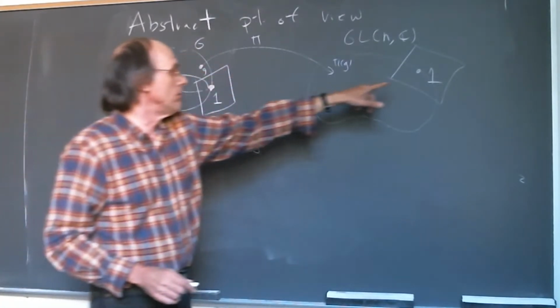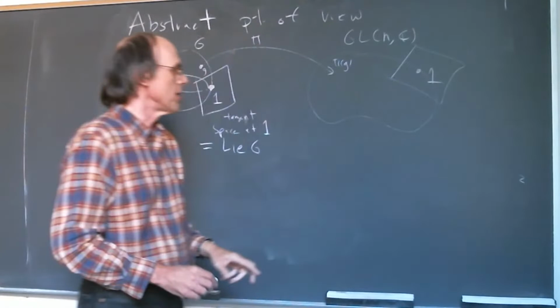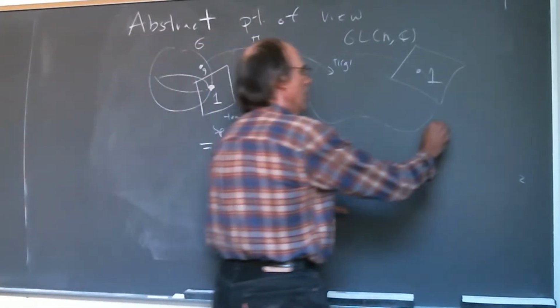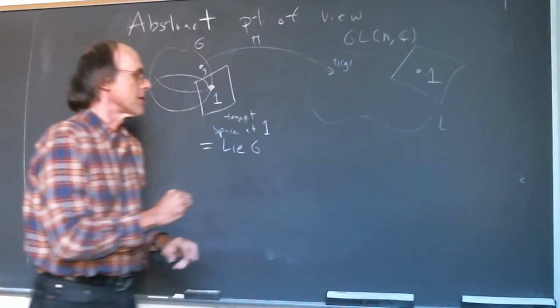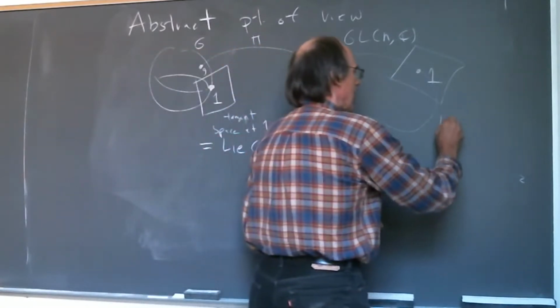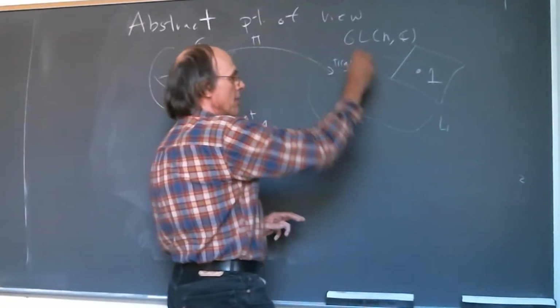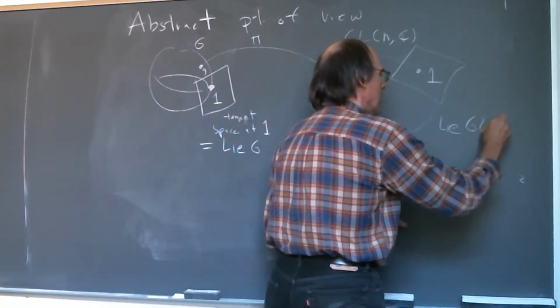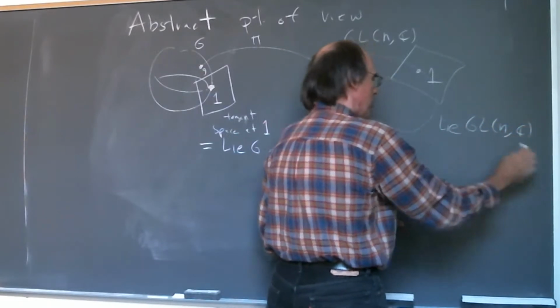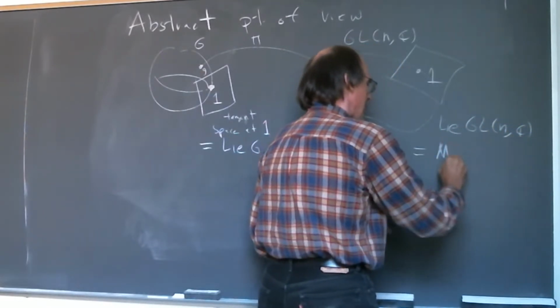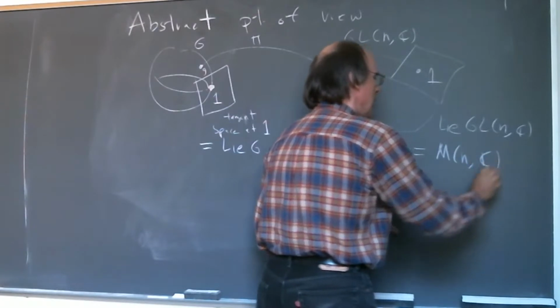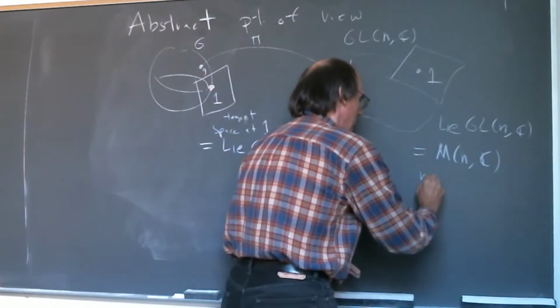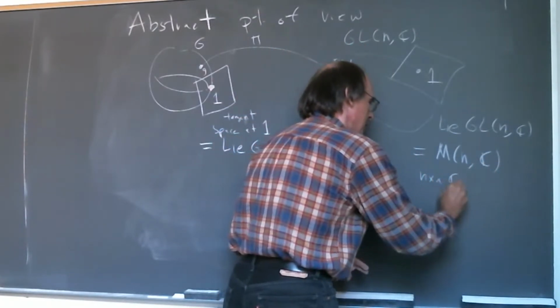And over here, I'll show more about this later, it's going to turn out that this is the Lie algebra of GL(n, C), but it's going to be the same thing as all the n by n complex matrices.